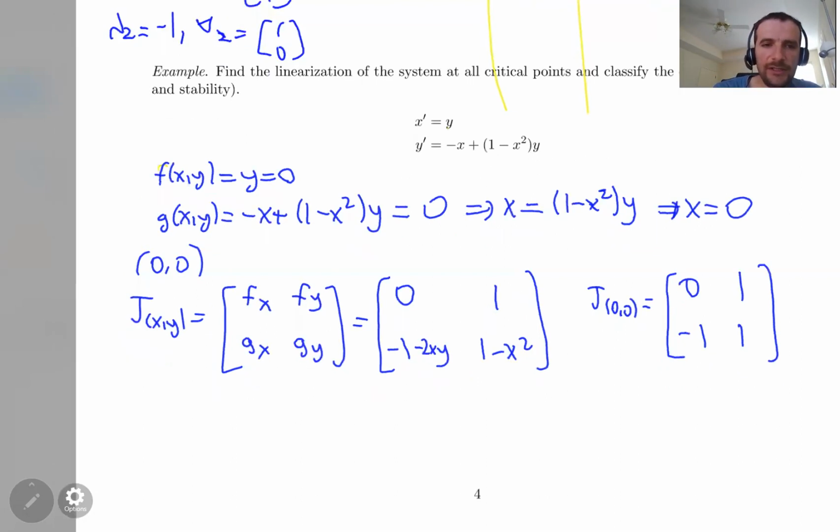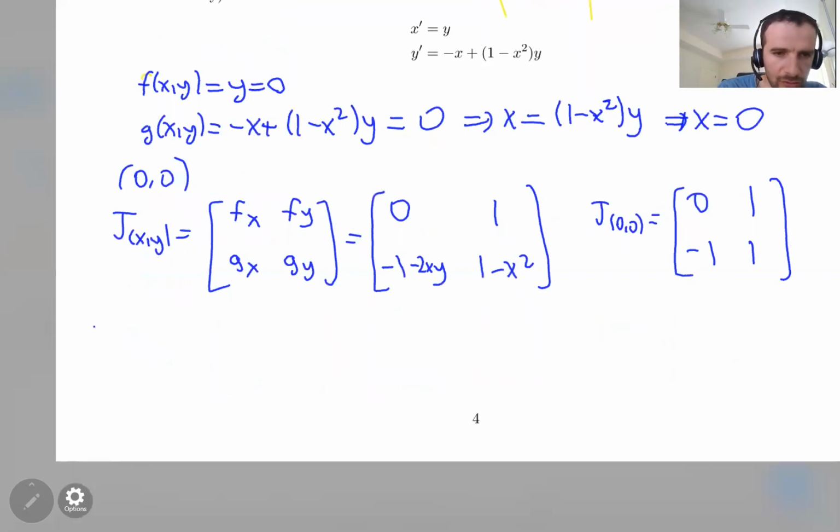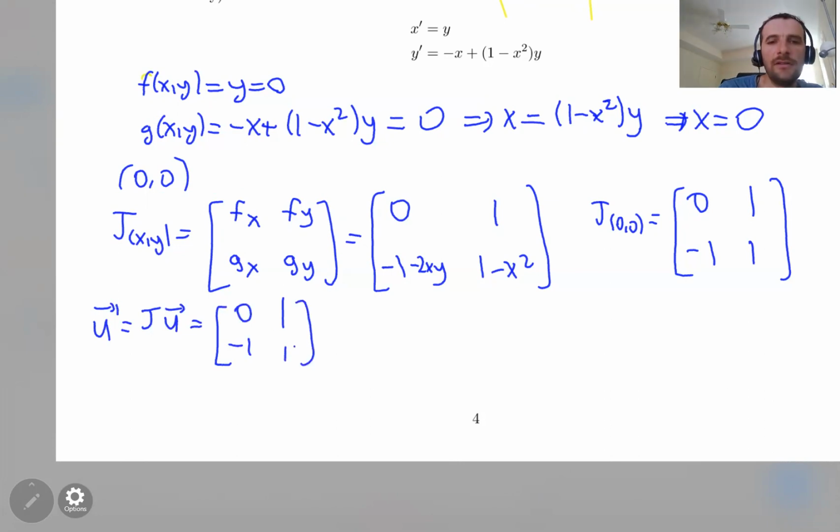So what is the linearization then? u prime equals Jacobian times u. Maybe I can write it that way. Jacobian times u, which is 0, 1, negative 1, 1 times u, v, right?